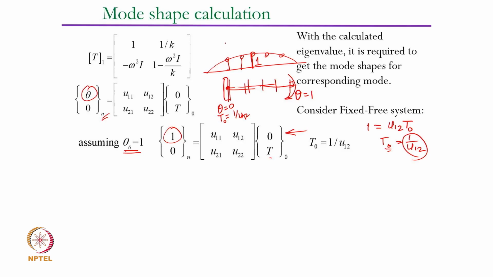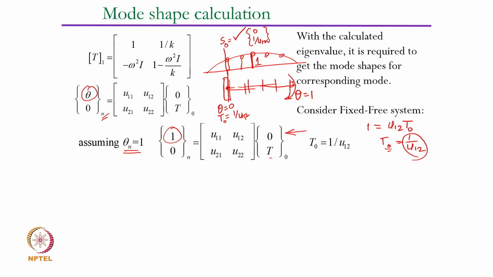So the state vector at the fixed end is known. This state vector S naught is completely defined, because you have T naught known and theta at the 0th station is 0. So the state vector is 0, 1 upon u12.